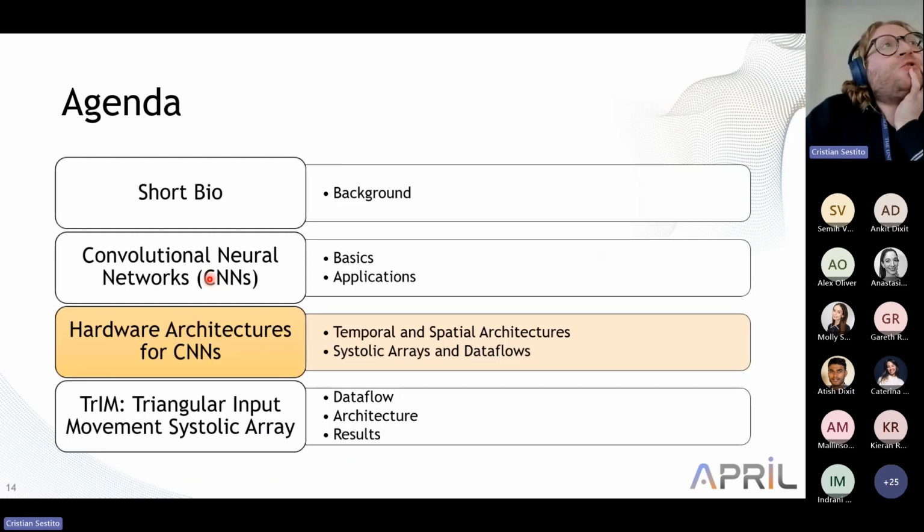But now, let's try to merge this basic concept that we got from convolutional neural networks into the hardware implementation that we can do for them.